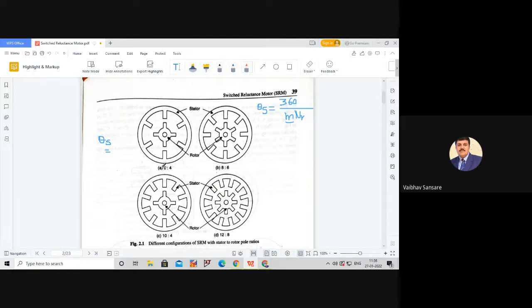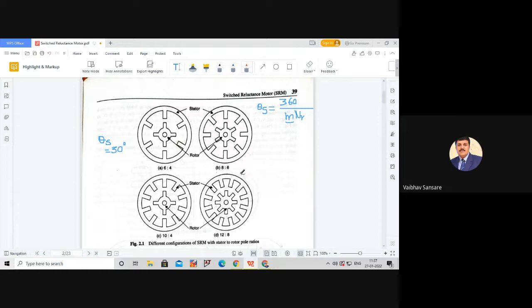There are a total of 6 stator poles, so 3 phases, and nr, the number of rotor teeth, is 4. So the denominator is 3 multiplied by 4, that is 12, and 360 divided by 12 comes to 30 degrees. So whenever the SRM configuration is 6 by 4, the step angle is 30 degrees.